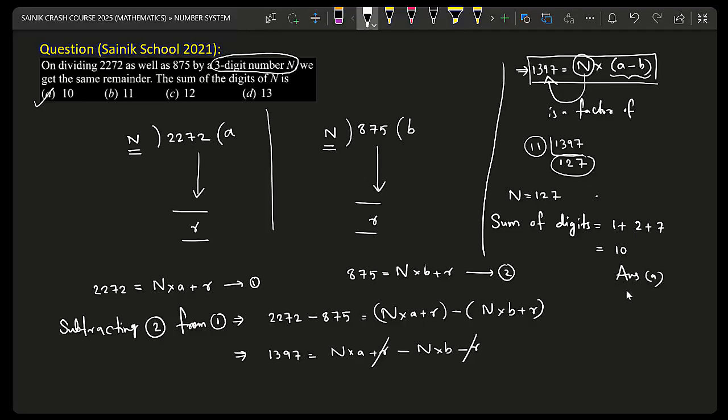So those who want to copy the solution, you can copy quickly. We'll move to the next question. Ritvik, very good. You can mute yourself.